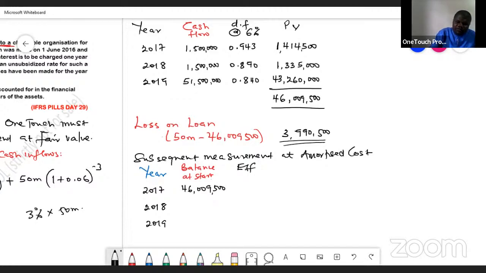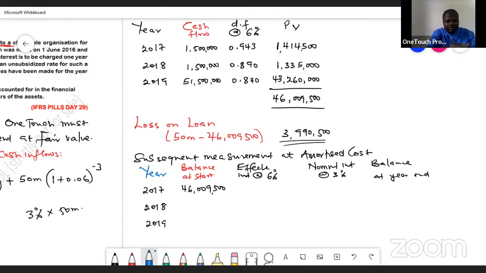So effective interest at 6%, then nominal interest at 3%, then balance at year end.